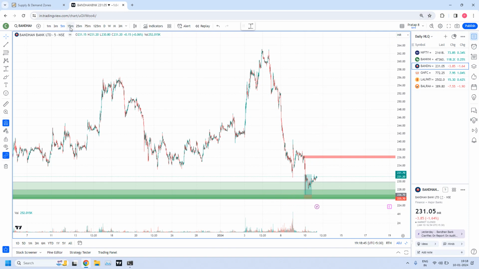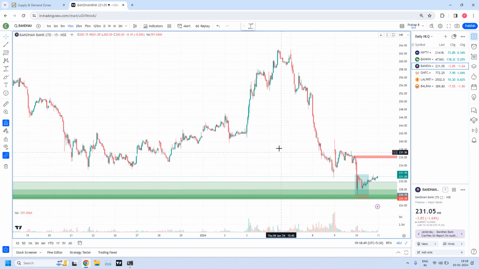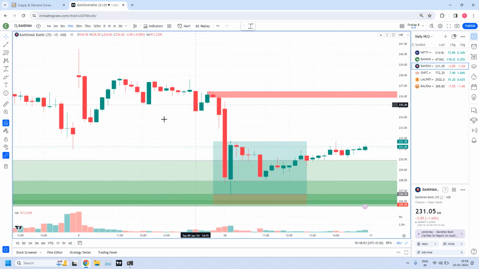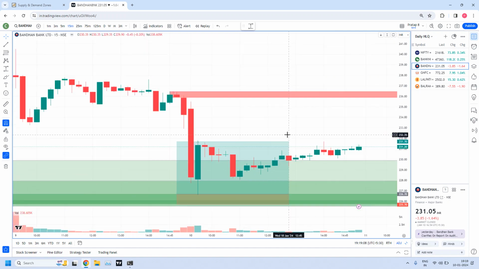Let me show you. Generally what we do, we look for 15 minutes target. See here, this is the 15 minutes target. We have a rally candle, base candle, and a drop candle. This is the 15 minutes target. And this is the 5 minute zone.